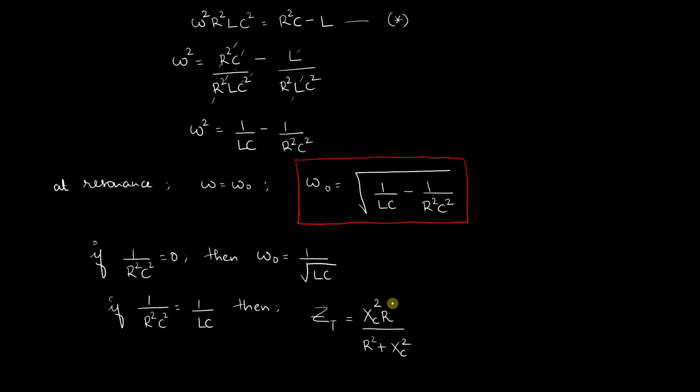Now let me compute the value of the total impedance of the circuit. So I can write ZT equal to XC square R divided by R square plus XC square.